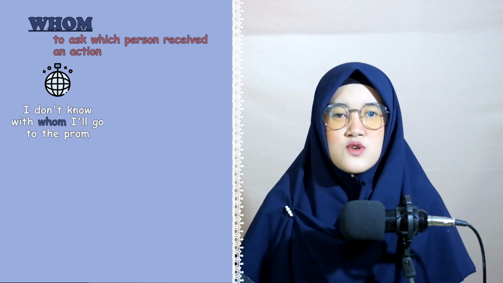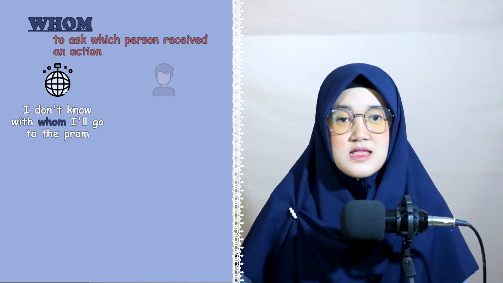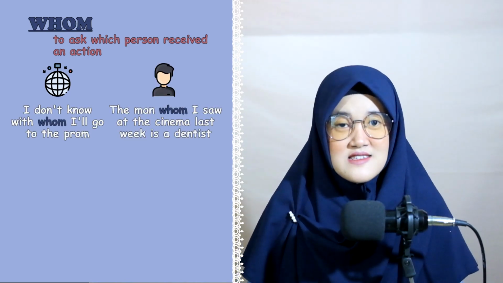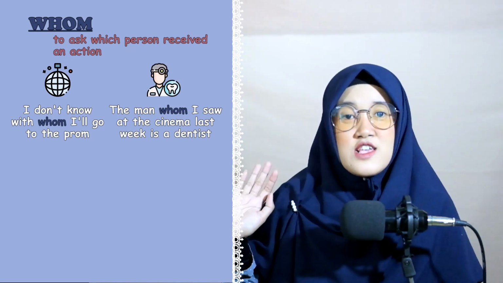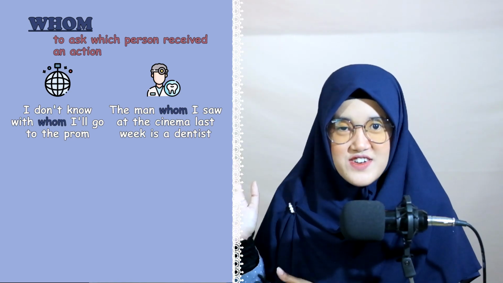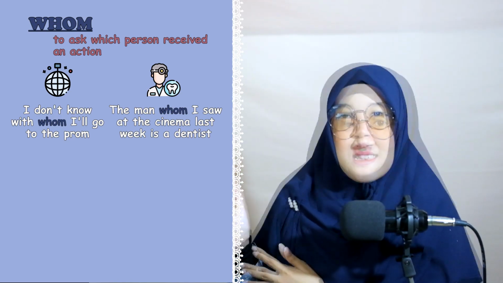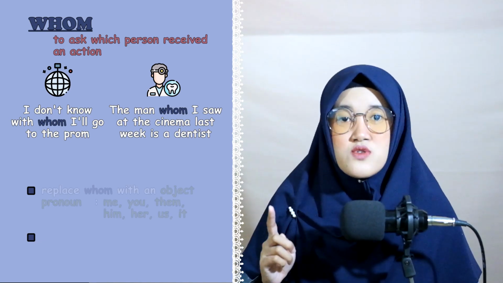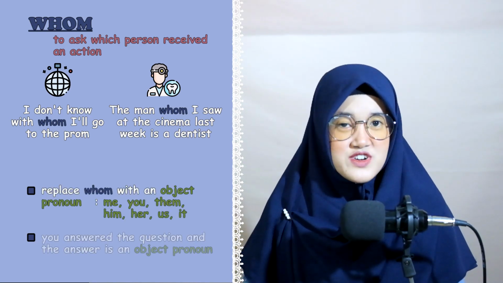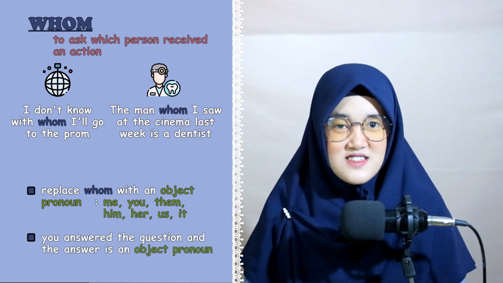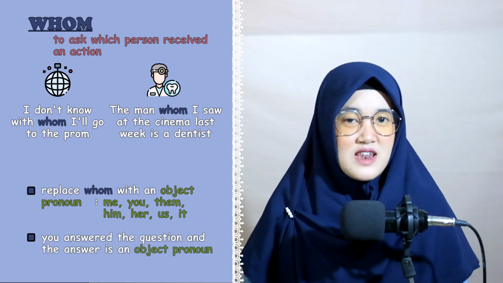I don't know with whom I'll go to the prom. The man whom I saw at the cinema last week is a dentist. As you can see from the examples here, the sentences would make sense if you replaced whom with the object pronoun, or if you answer the question and the answer is an object pronoun.